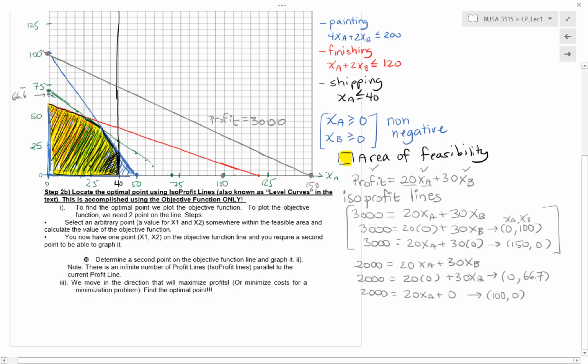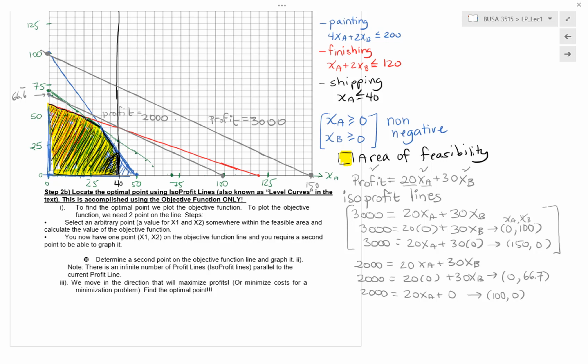Okay, good. And there we go. So that's our next isoprofit line. This is the line when the profit equals 2,000.